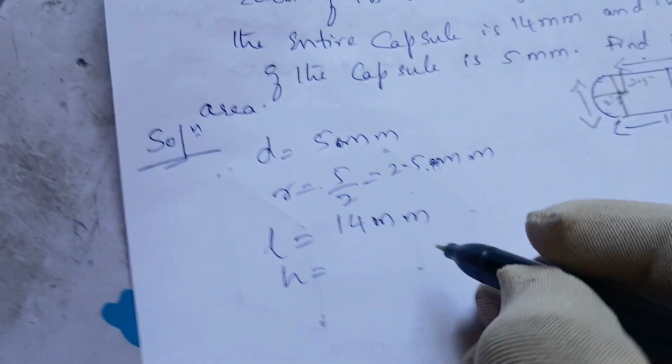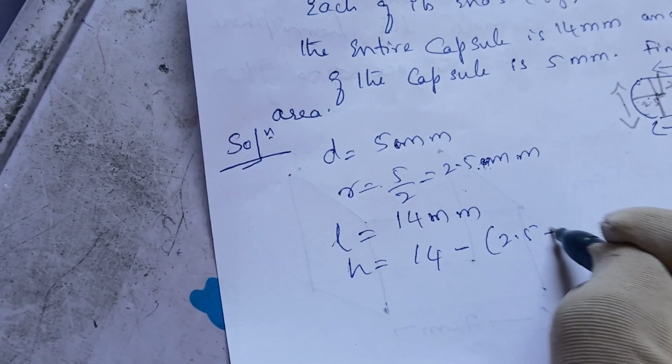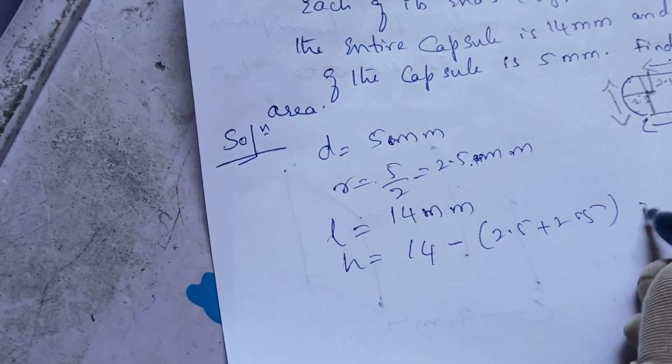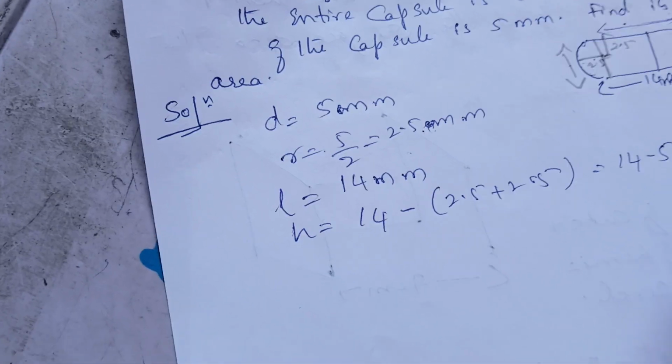So 14 minus (2.5 plus 2.5) is 14 minus 5, that is 9 mm, the height of the cylinder.